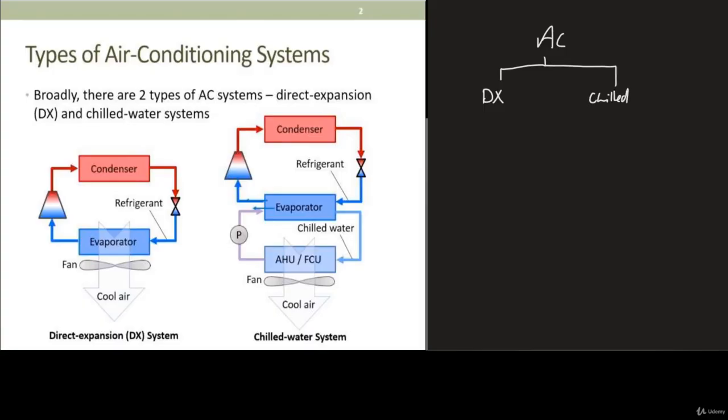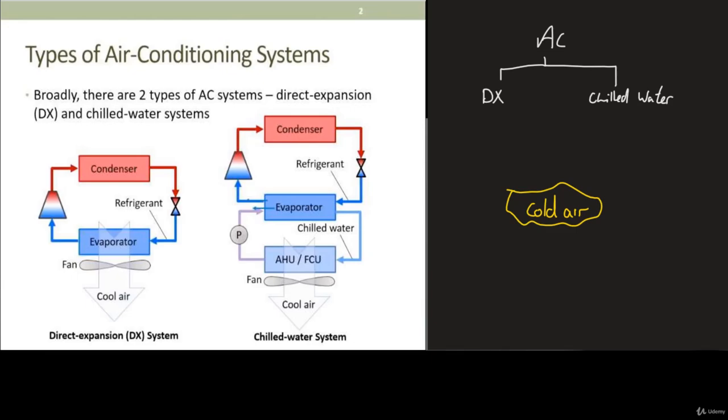So what is the difference between these two? For a DX system, you get the cold air, because for an air conditioning system, our purpose is to get cold air. So the air that is being cooled down, the heat must be removed by some cooling agent.